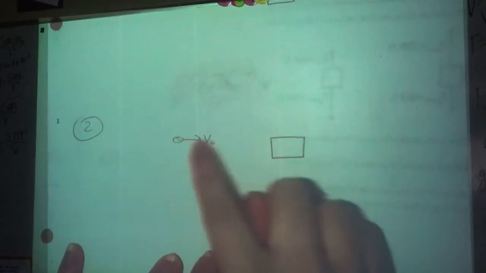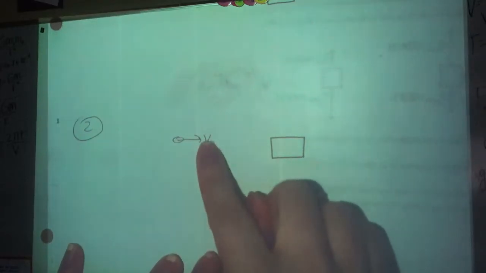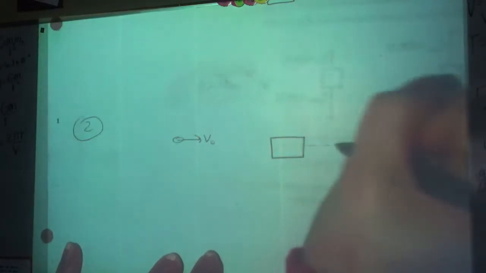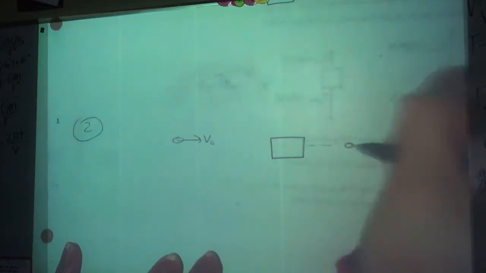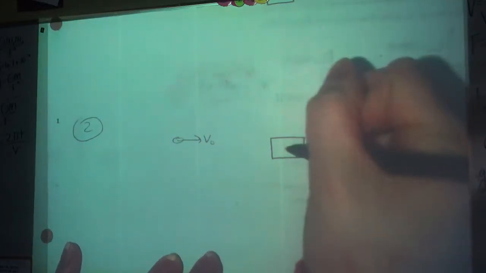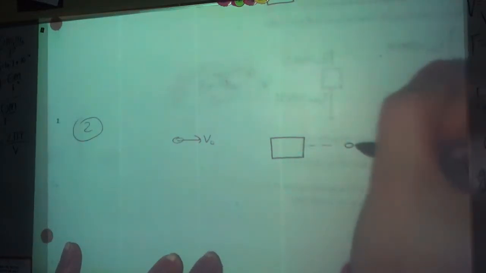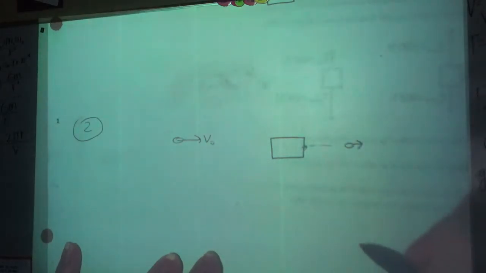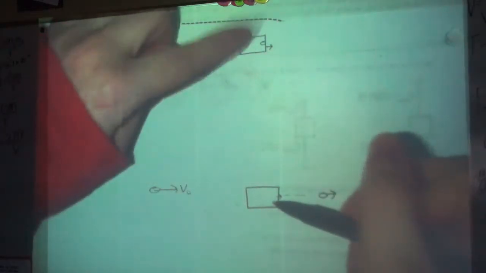Now, the second scenario is it's still coming in, same mass m with the v naught, but now instead of sticking together, the bullet passes through. So it passes through like this and is continuing on. If the bullet passes through the block, that means the bullet is going faster than the block is here. Now what we want to compare is in which situation does the block end up going faster.